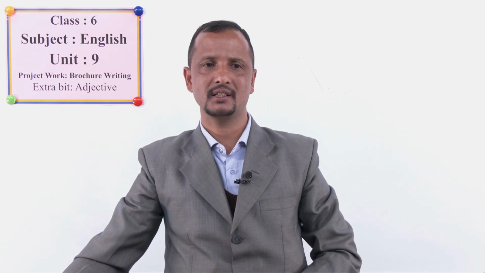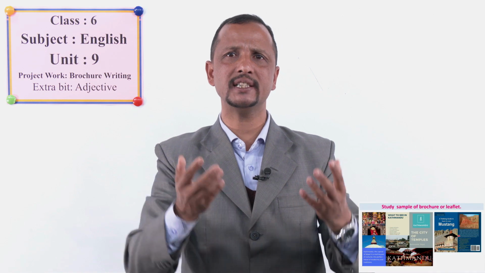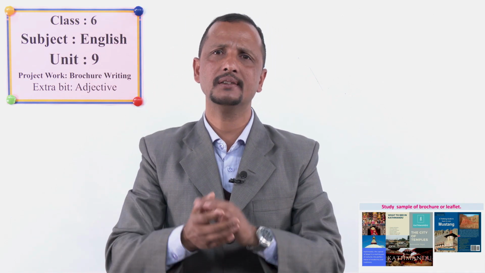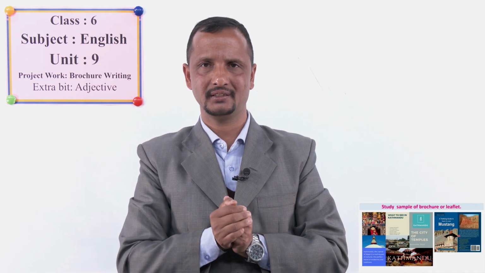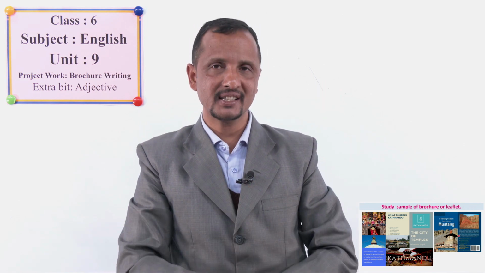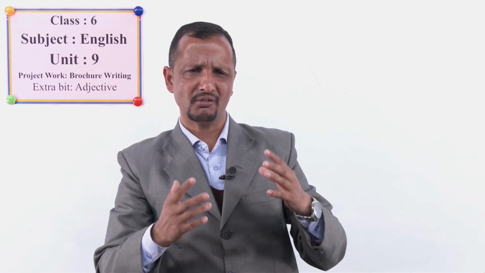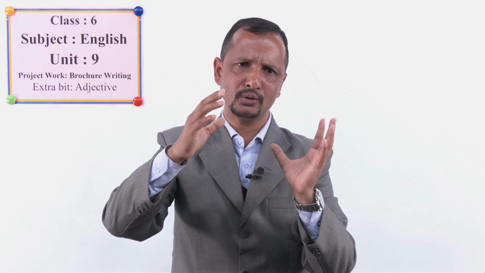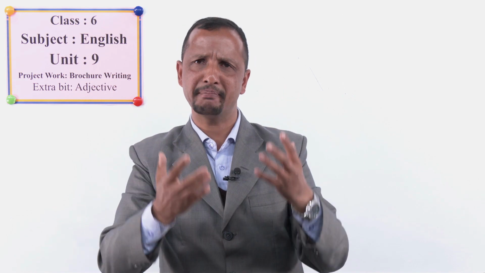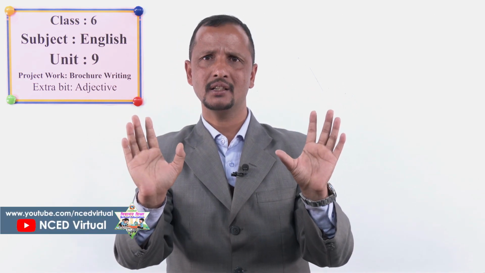Now, by looking at this one and this one, dear student, can you answer me what a leaflet or brochure actually is and how we prepare them? Can you answer me? Well, in preparing a brochure or leaflet, the main objective is to give information, right?